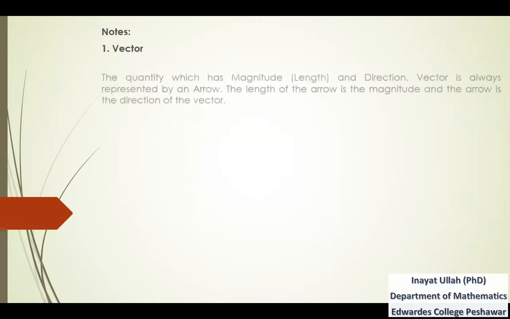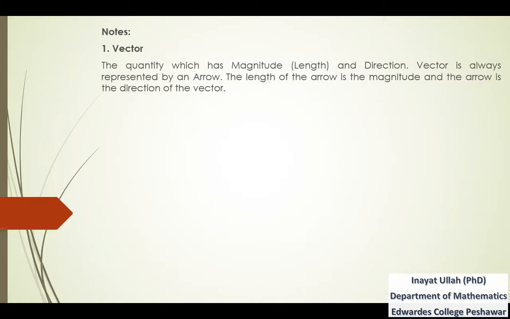Obviously, a vector is a physical quantity which has two things. The first one is magnitude, which is actually the length of that physical quantity, and the second one is the direction.